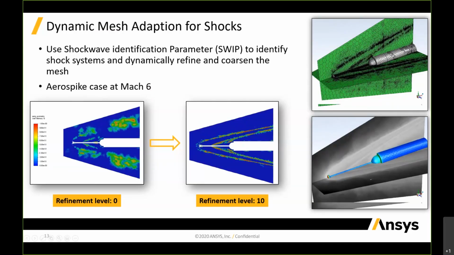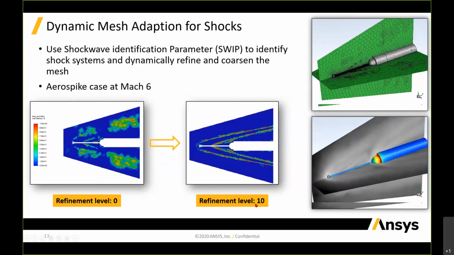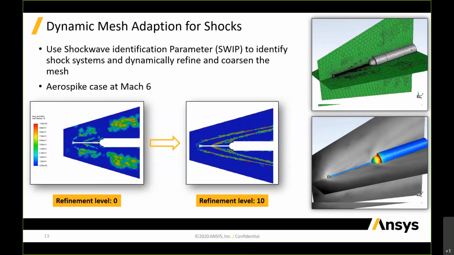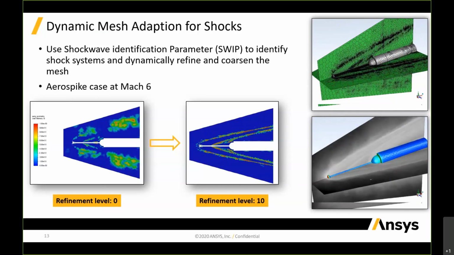Once you use the dynamic mesh adaptation for shocks and keep refining, at about refinement level 10 you can see how well the shock layer is captured. The beauty of this algorithm is you can just set the required parameters and let Fluent do the mesh refinement and coarsening in appropriate regions automatically. You don't need to sit there and change any settings.